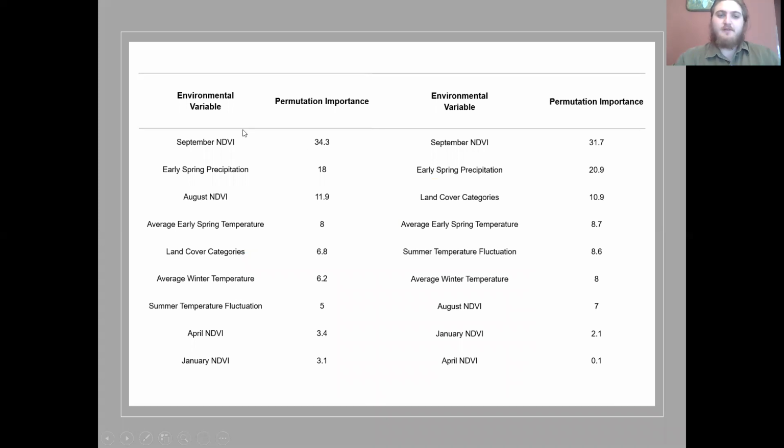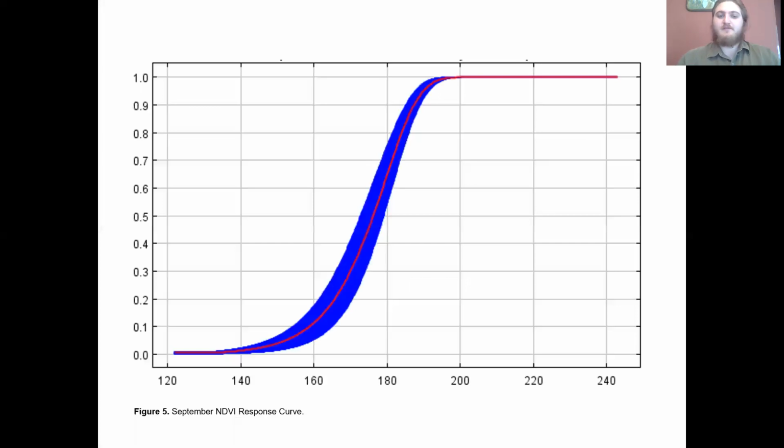So why September? We were really curious about why September was so good at predicting and training this model and predicting where tarsalis exists. And so we looked at the response curve of this NDVI layer in the model, meaning how does this specific variable interact with the model and whether there's a presence or an absence in each pixel.